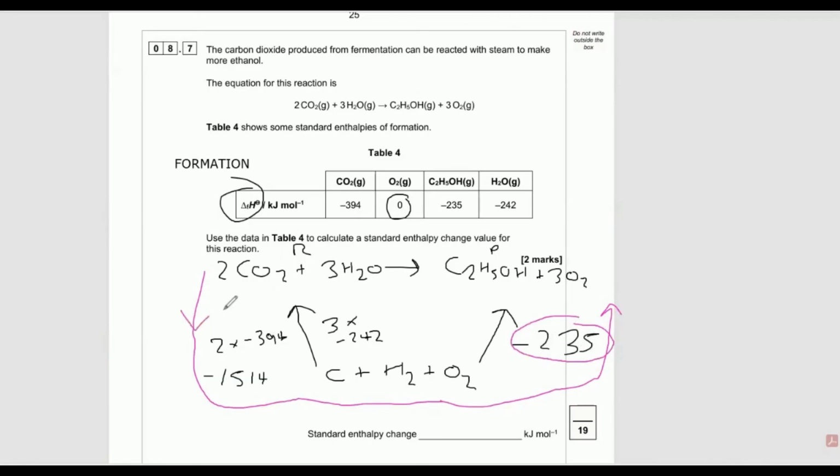If they clash like this, I'm going to reverse this number here. So this becomes plus 1514 minus 235, and I'm going to get plus 1279.